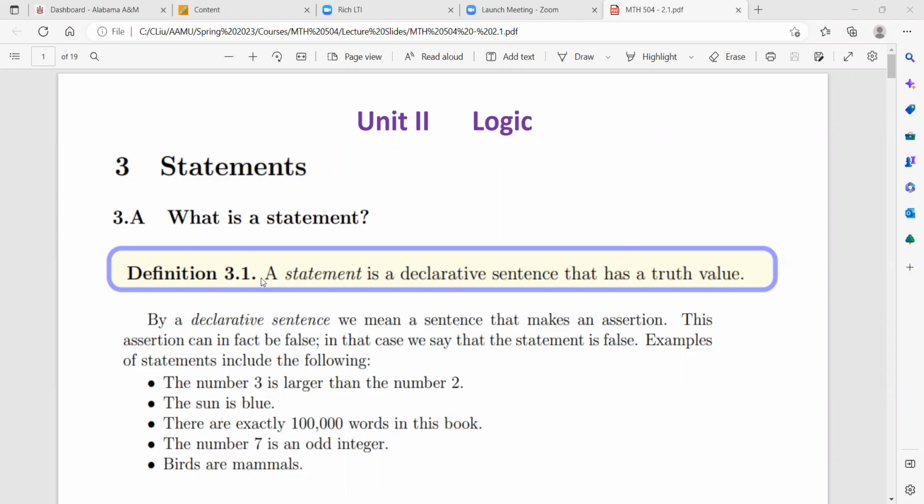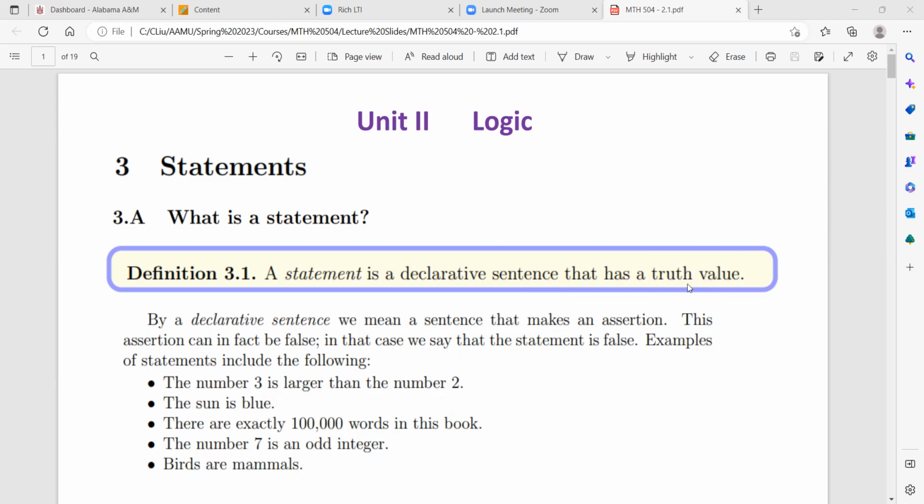So what is a statement? The definition of a statement is a declarative sentence that has a truth value. This is important. It has a truth value. So how do you know whether a sentence is a statement or not? It must have a truth value, either true or false by some standard, not by your opinion.